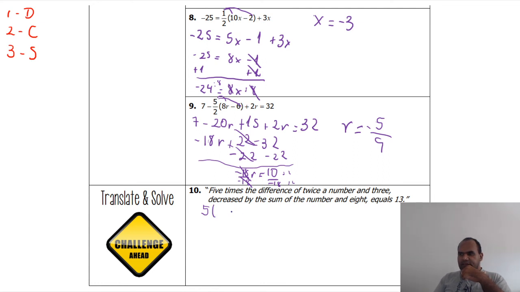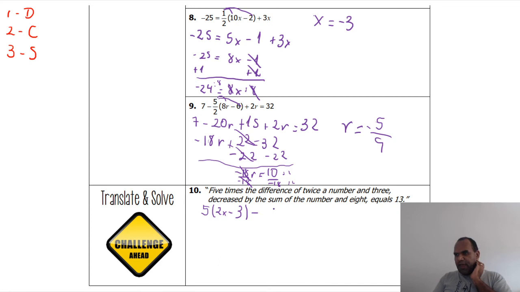The difference, I have a negative here, of twice a number, 2x minus 3. Twice a number and 3, great. And here, decreased by. Remember, the comma reminds me to end the parentheses, okay?